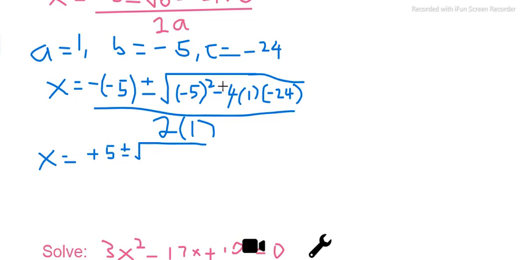This is -5 squared. -5 squared means -5 times -5, and minus times minus will give you plus. 5 times 5 will give you 25. So -5 squared is +25. Do you understand? And +25 is the same thing as 25.